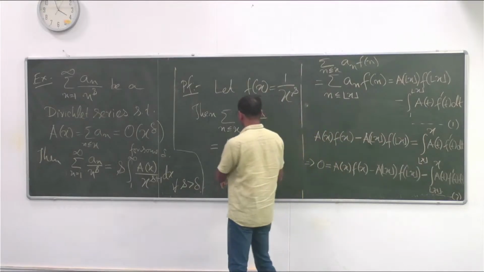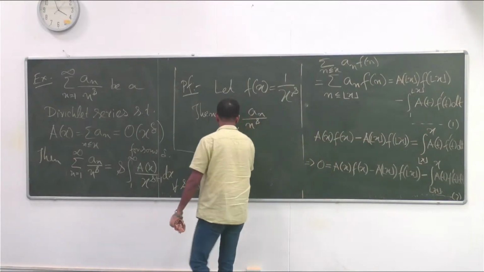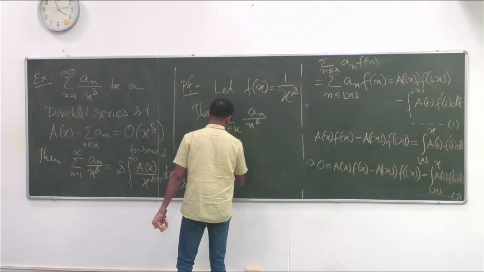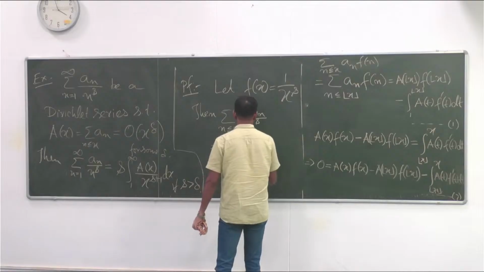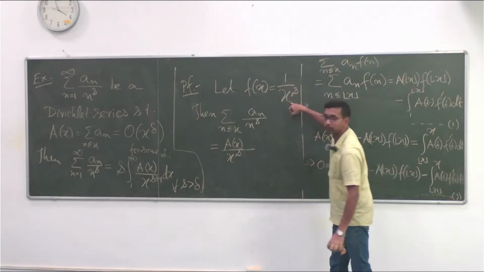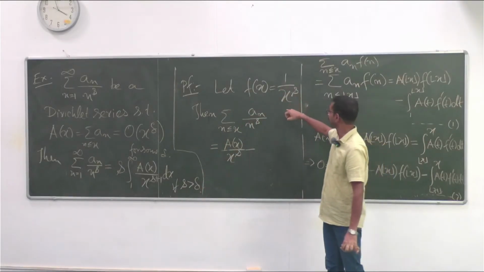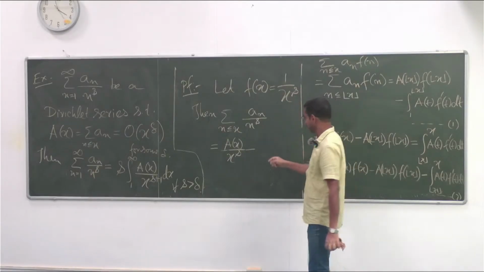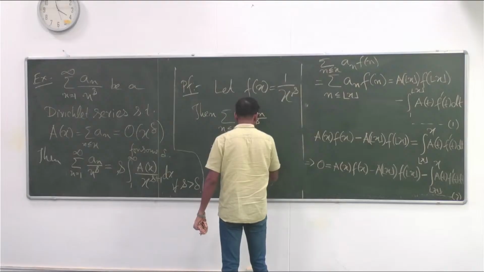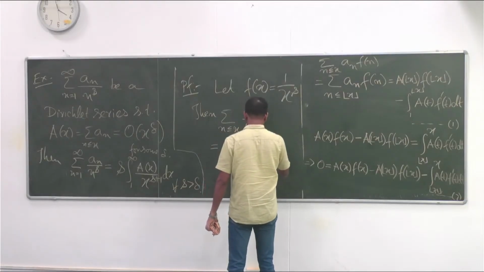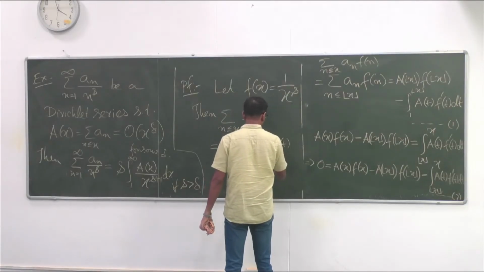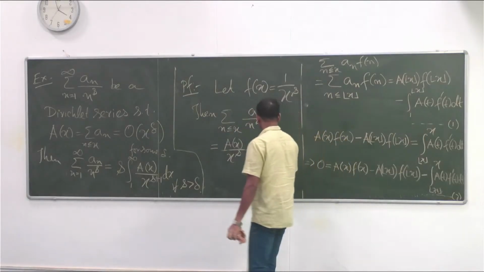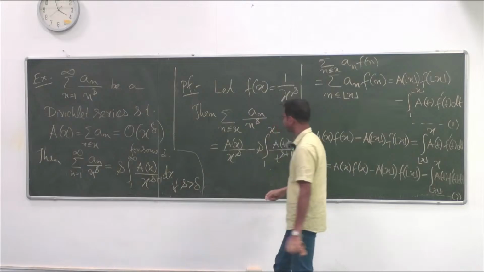And here A(x) f(x), so A(x) by x to the power s, minus the derivative of this. You are taking f'(t), so let's write it down here: s times the integral of A(t) by t power s plus 1, and the integral from 1 to x.